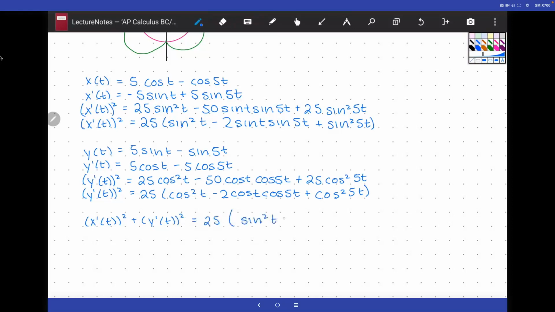And sine squared t minus 2 sine t sine 5t plus sine squared 5t plus cosine squared t minus 2 cosine t cosine 5t. Oh, wow, that's cool.